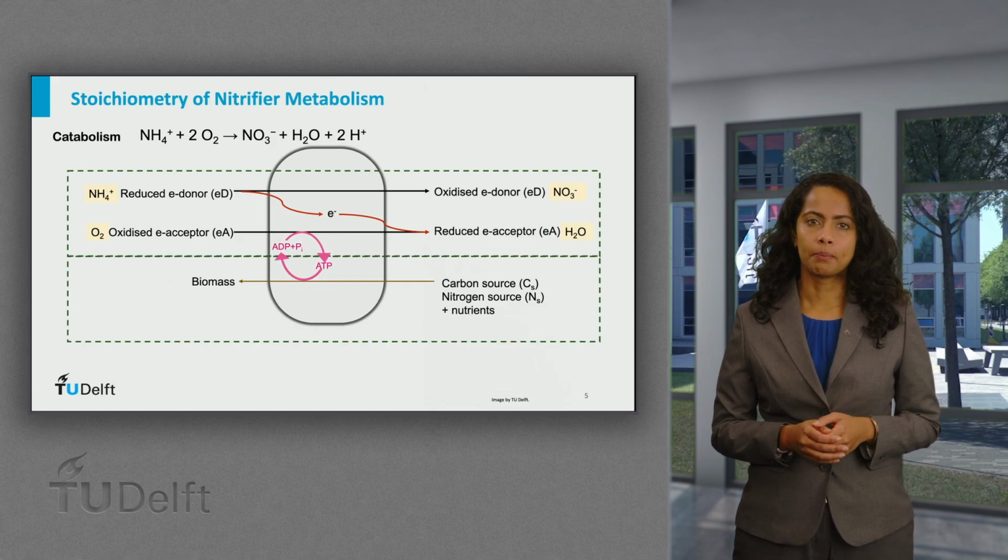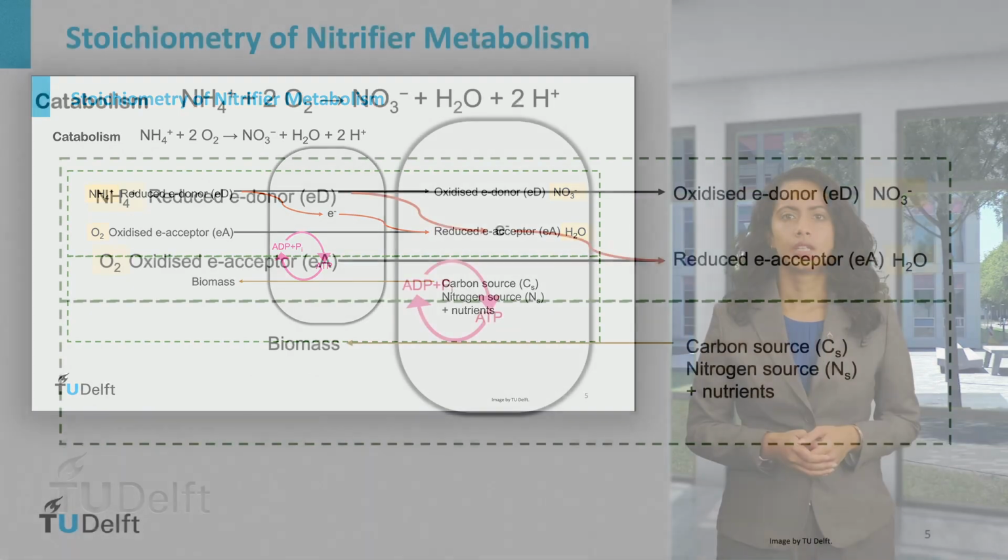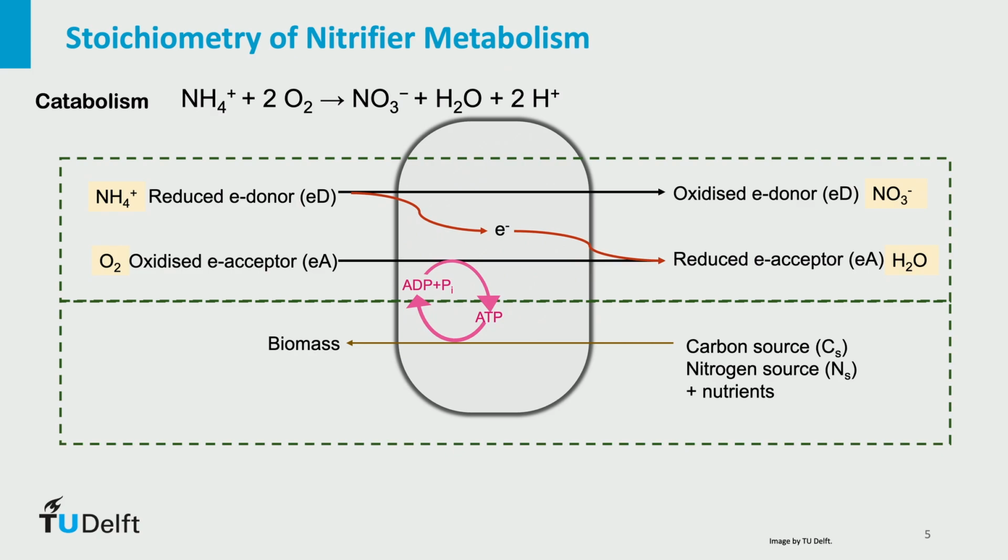Let's look at an example of nitrifiers, which we talked about earlier. For nitrifiers, a stoichiometric relationship can be obtained to describe that ammonia serves as the electron donor in the catabolic reaction, while oxygen acts as the terminal electron acceptor, producing nitrate.